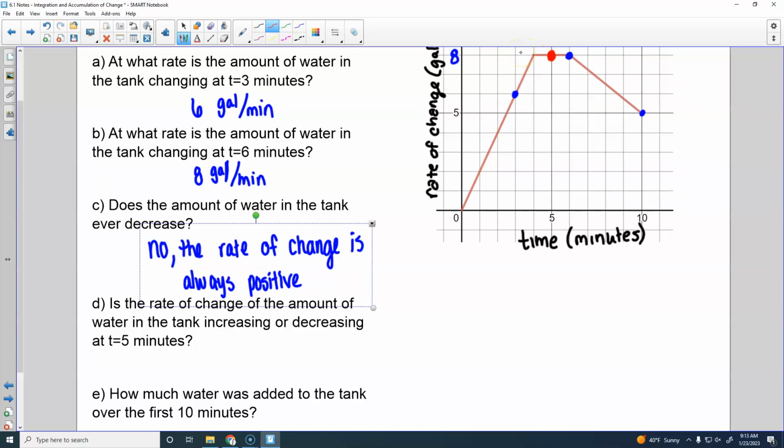We're looking at rate of change. We're looking at this graph. Is that graph increasing or decreasing at 5? Neither one, right? It's just constant. It's just standing still. So we would say neither, the rate of change is constant.